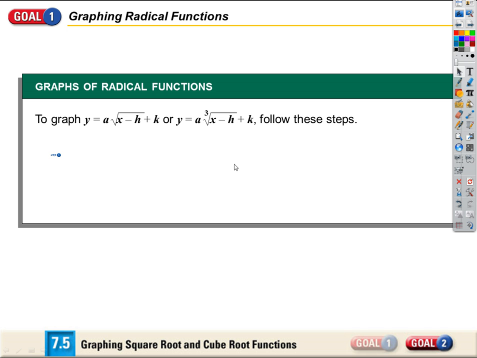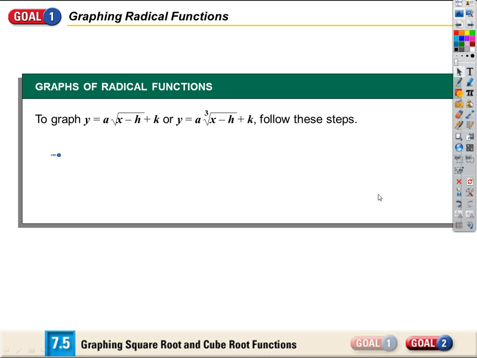We sketch the original graph without worrying about the h and the k, right? Like we just did. And then if it actually does have an h and a k in there, then we'll shift it based on the h and the k. h is telling us how far we're shifting it to the right, because that's the x coordinate of our special point, and k is how far we're shifting it up.